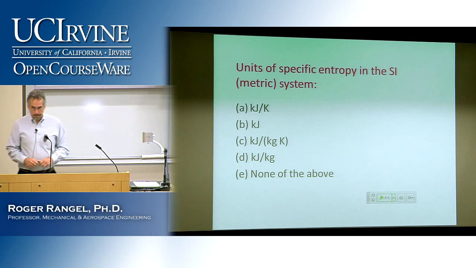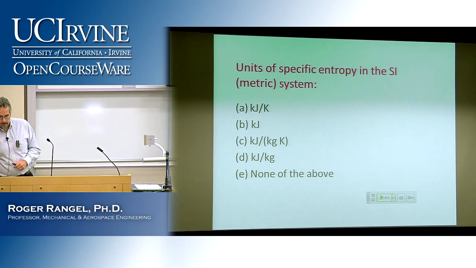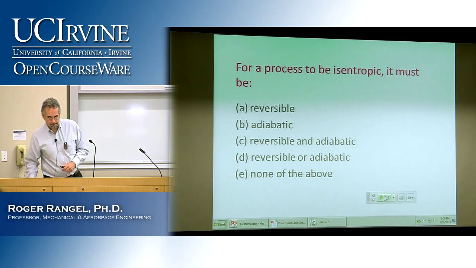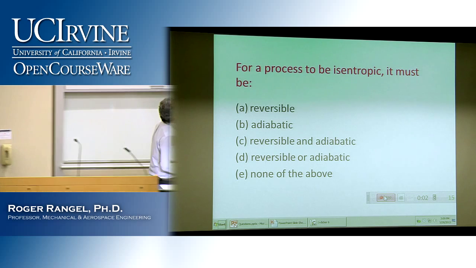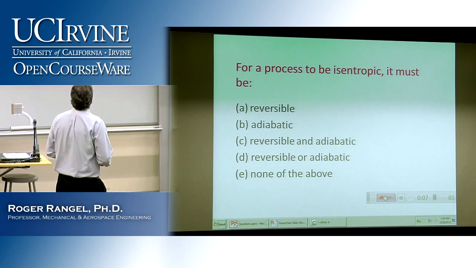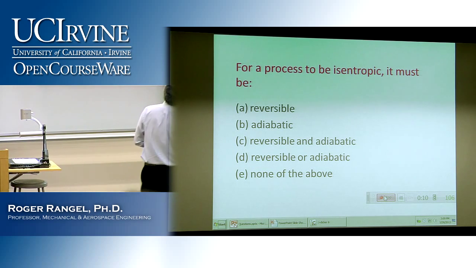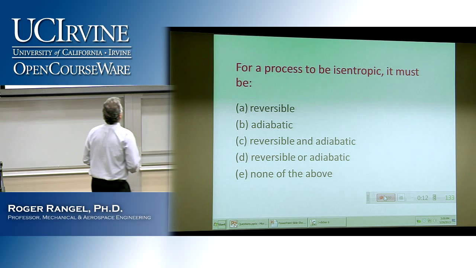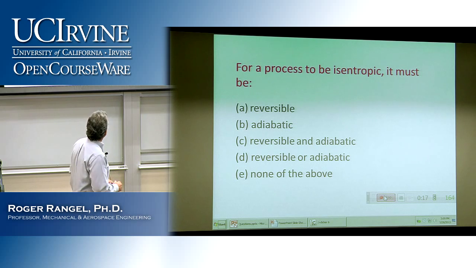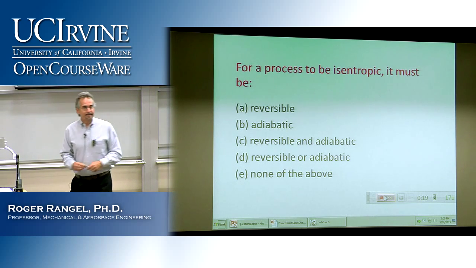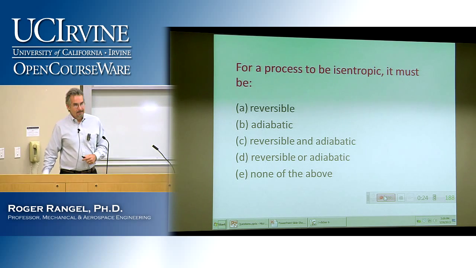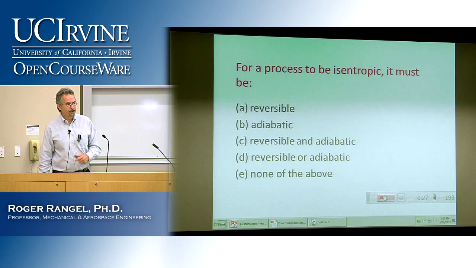Okay, so ready? First question is right there. For a process to be isentropic, it must be A, reversible, B, adiabatic, C, reversible and adiabatic, D, reversible or adiabatic, and E, none of the above. That's actually in today's lecture. 5, 4, you already have no clicker?